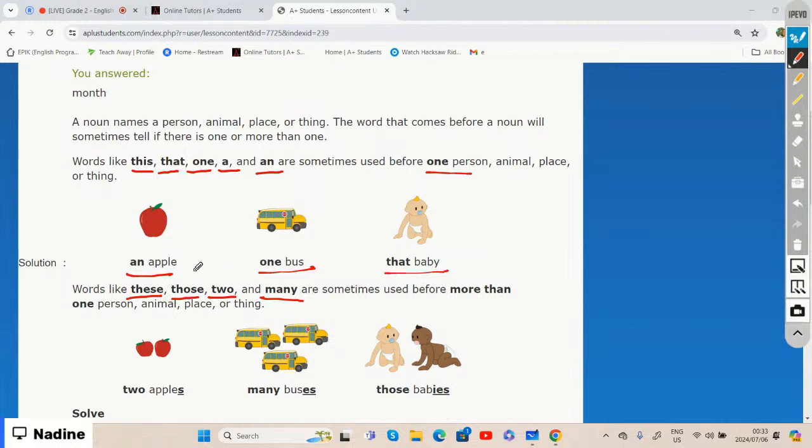All right. So we said if you refer to one thing, then we say an apple, right? But if you're referring to more than one apple, then we say two apples. And as you can see, we added an S. And then we have, for example, one bus. The word that comes in front of bus refers to more than one bus and we say many buses, because it refers to more than one.